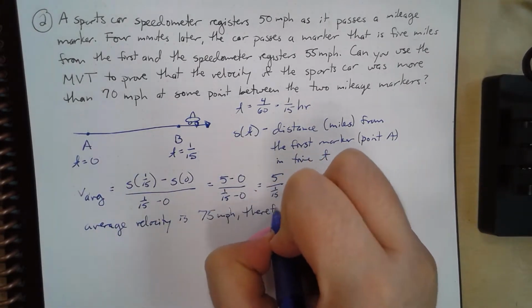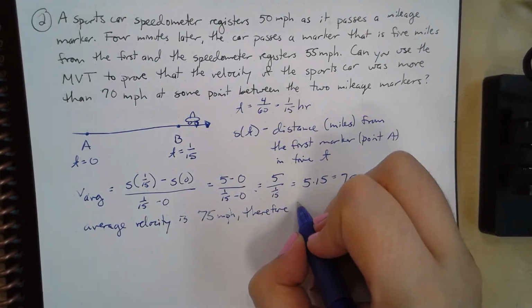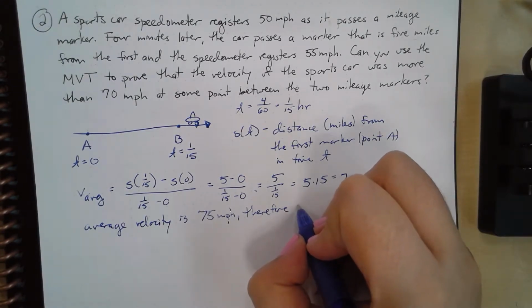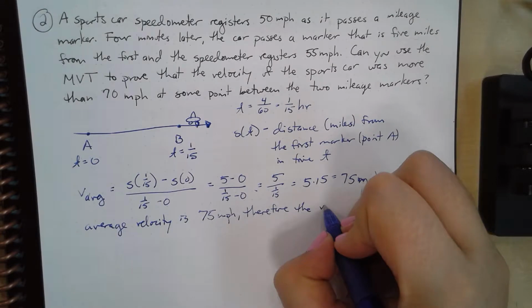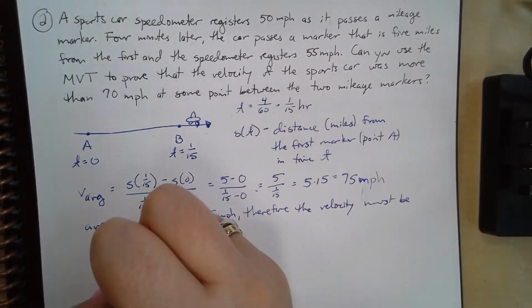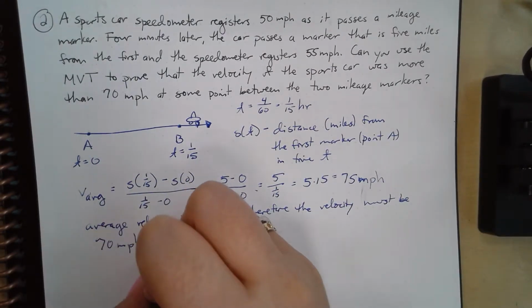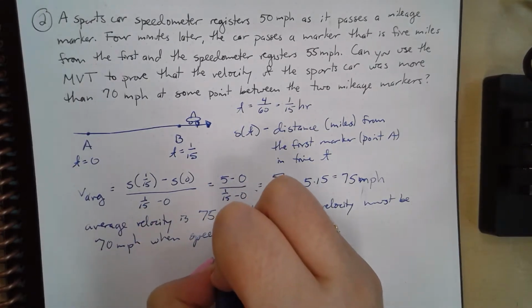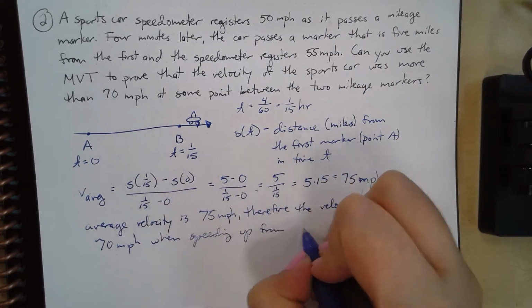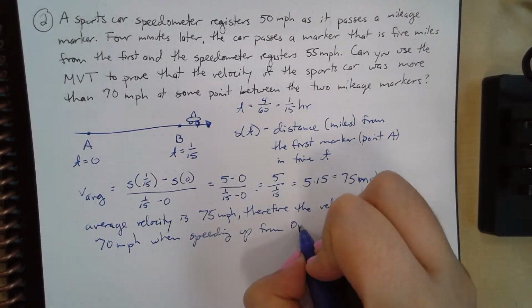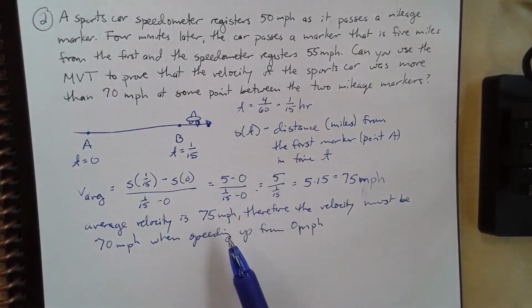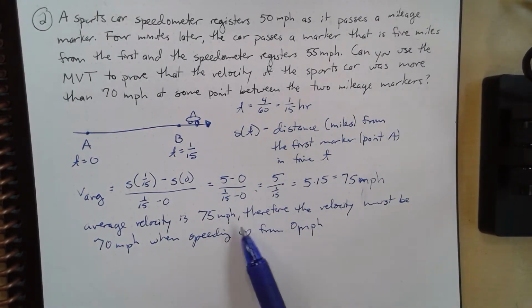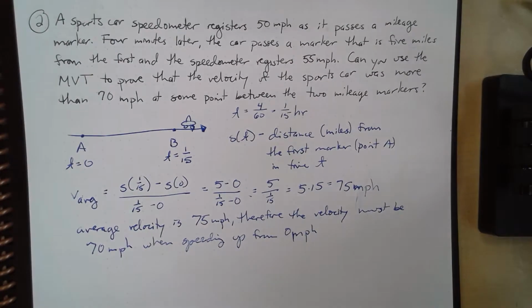Therefore, the car must have been going 70 miles per hour when speeding up from point A, 0 miles per hour, whatever you want to say, right? So at some point in time, because of our mean value theorem, we were going 70 miles per hour with our velocity, right? All right, so let's do 2 more examples here, and then we'll kind of wrap it up.